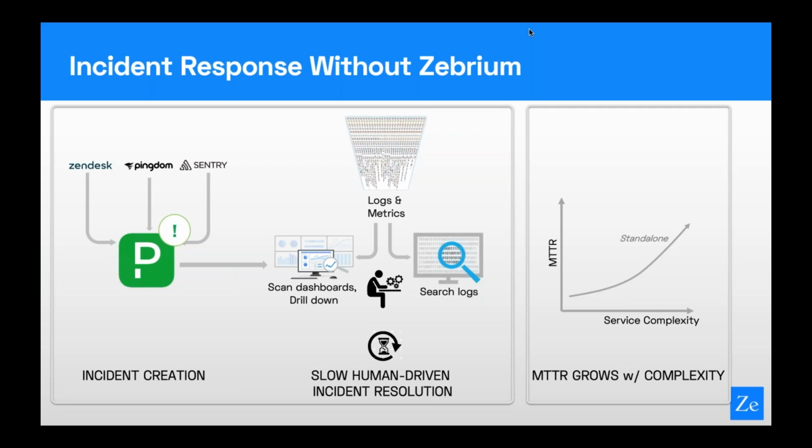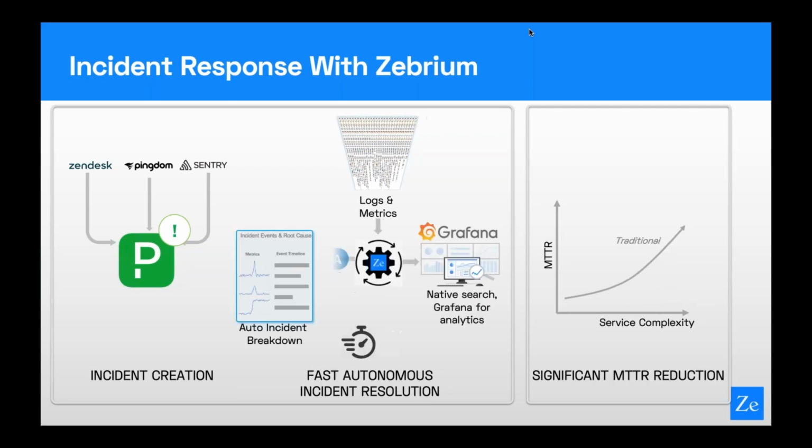Now, I don't know if this particular company that took 45 minutes to figure out this issue had help with something like Zebrium, but if you look in the next slide, you could have Zebrium assist those subject matter experts, and also, as you saw in the demo before, how you can make those correlations between the different logs and the different tables and the different metrics that you need to help you come to the decisions faster.